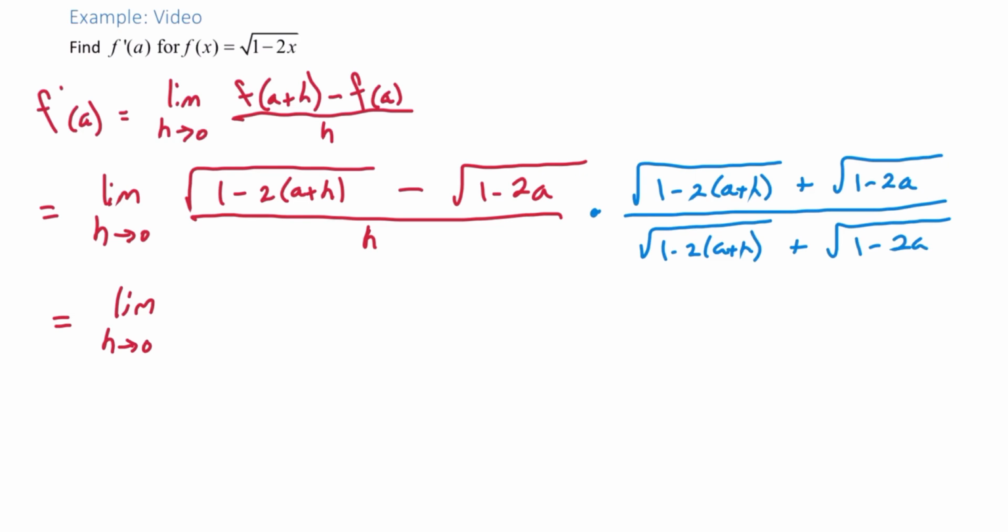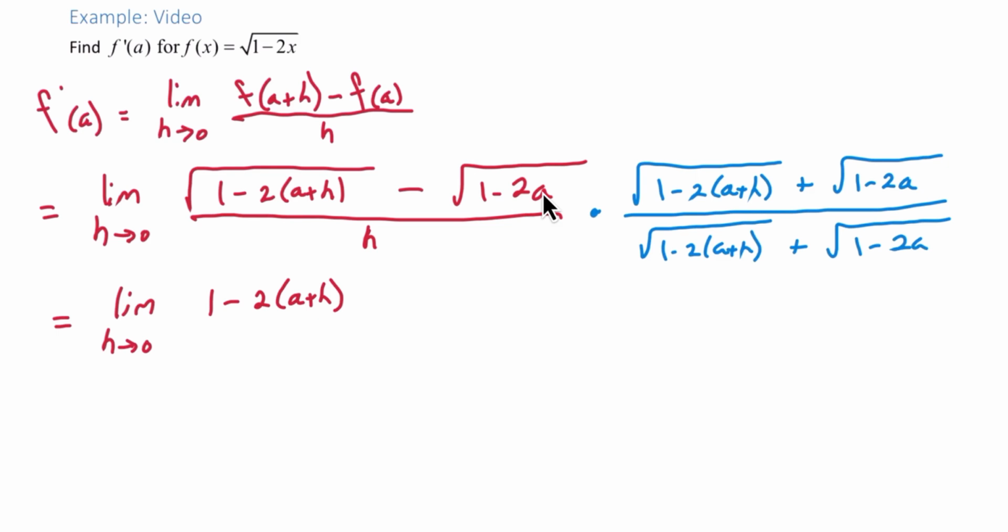So now looking at the numerator, we have the first square root times the first square root. That's going to cancel the radical, leaving us with just the radicand. And then the middle two will cancel each other because you have a minus and a positive. And then we'll look at the last two radicals.